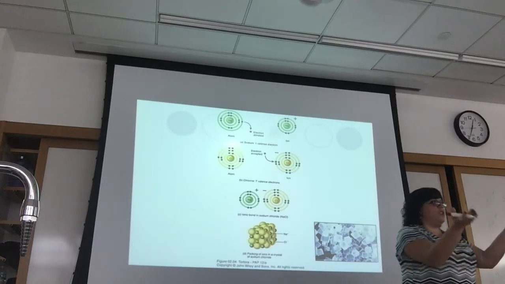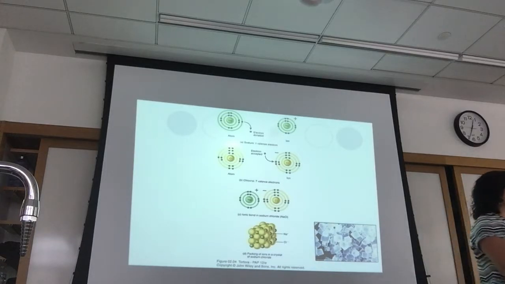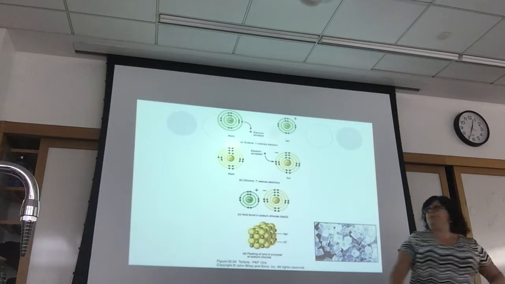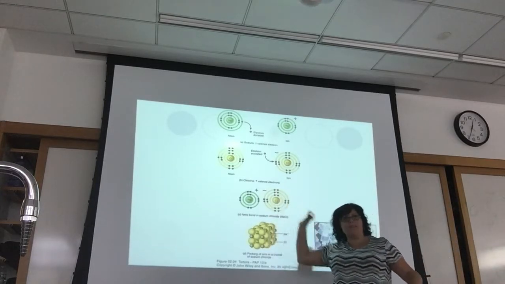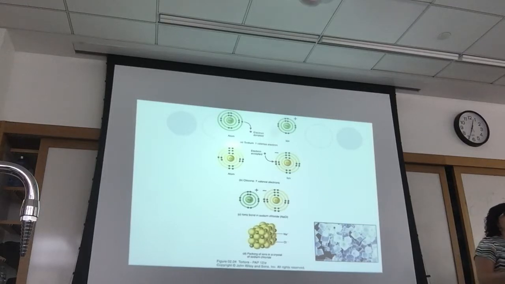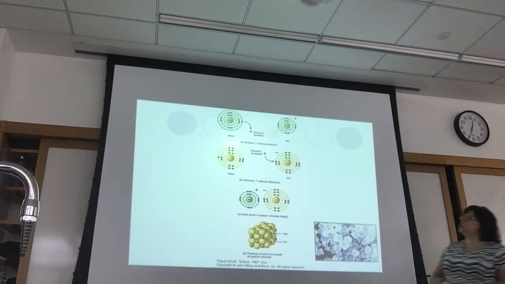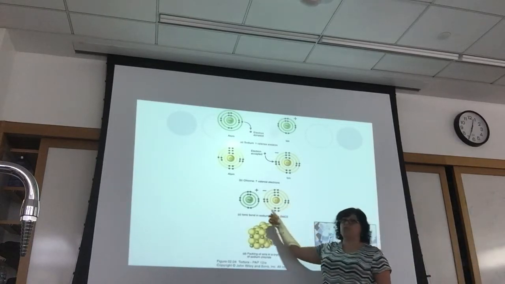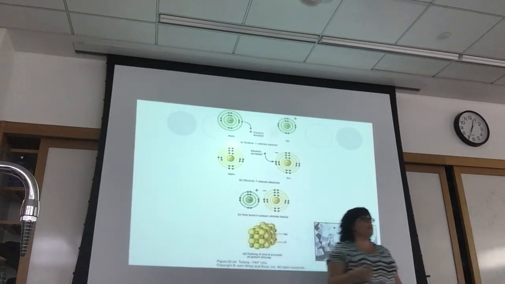Positive charge and a negative charge. Neutral, just like we had before with the atom. But this time, in order for them to come together, we have to change their structure. We're going to change the arrangement of the electrons in the outer electron orbital.